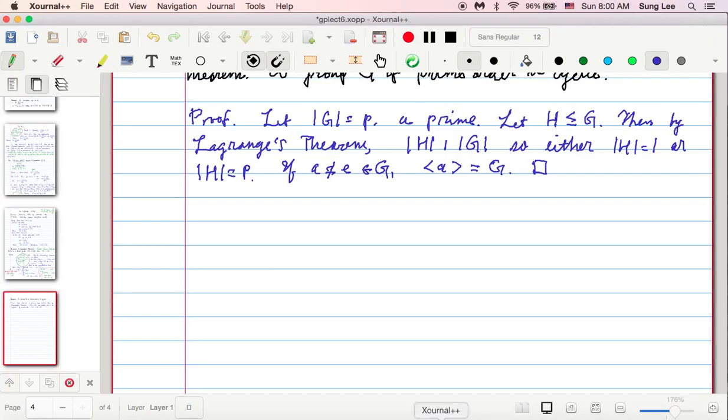So let me explain a little bit about this. Let G be a finite group and a be an element of G which is not the identity.